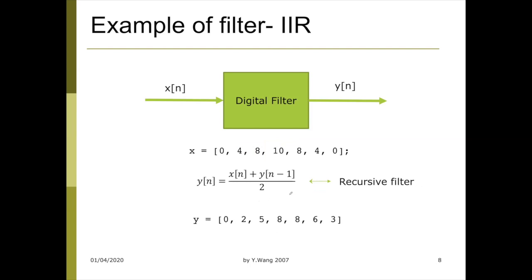In this case, the output value y is calculated by both the input value and the previous output value. You can't use the current output value, because it doesn't exist yet, but the previous output value can be recorded. So in this case, we call it a recursive filter.